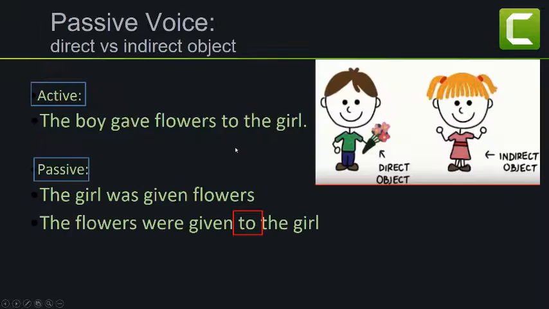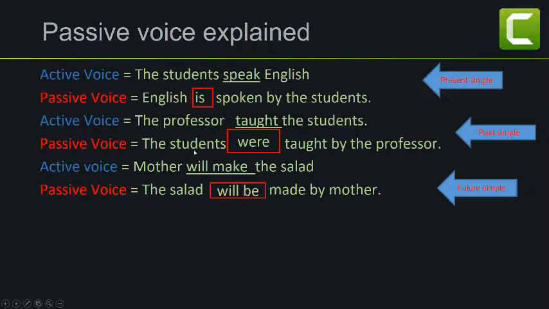Then we use words. The students were. Why do we use were? Because the students is in the plural form. So that's why we use the plural form of the verb to be. Were. Taught, again, the past participle of the verb teach, plus by the professor.